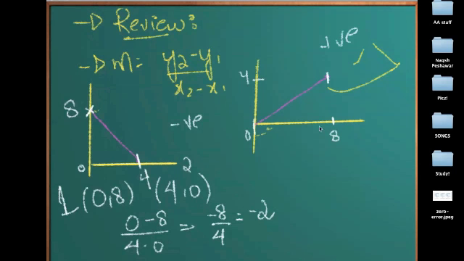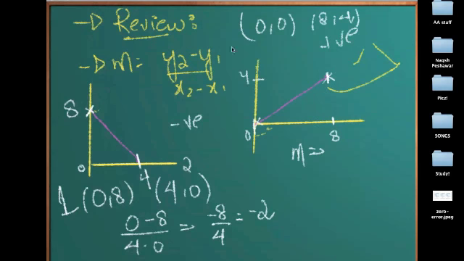However, let's find the gradient for this other line. Two points on the line: the first point is 0, 0, and the other point is this one, 8 and 4.